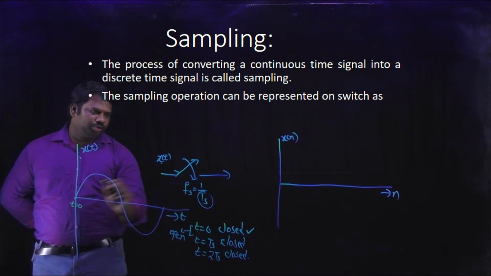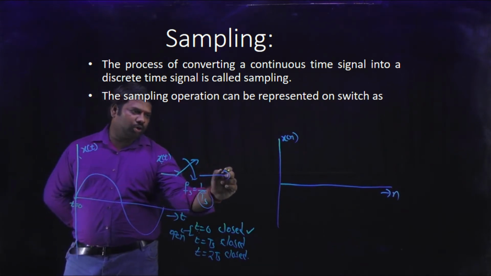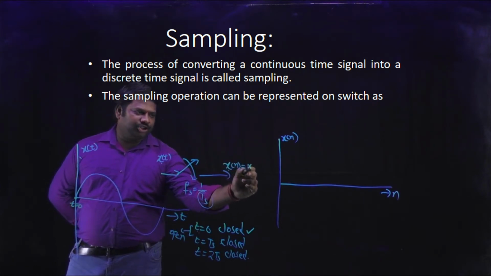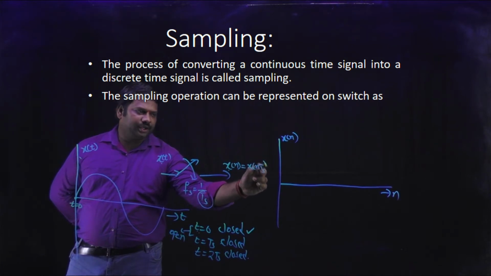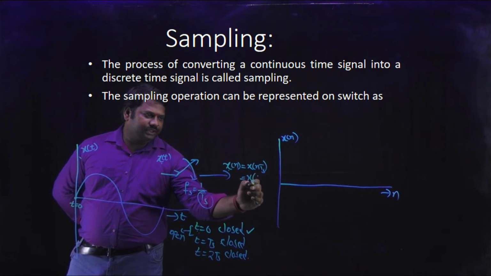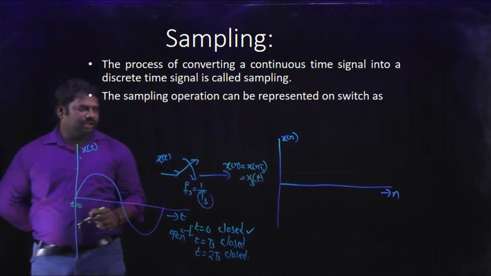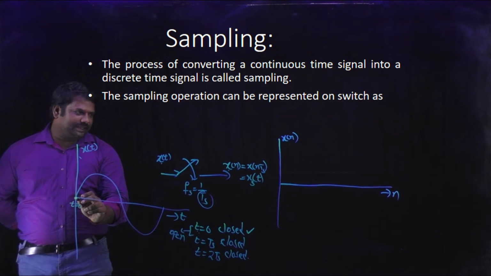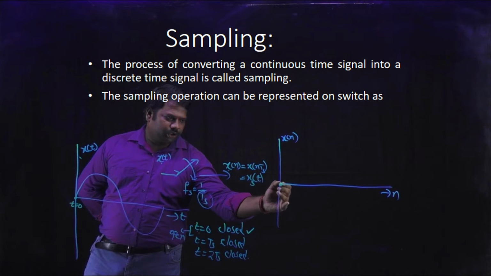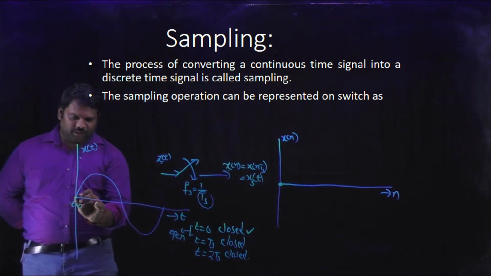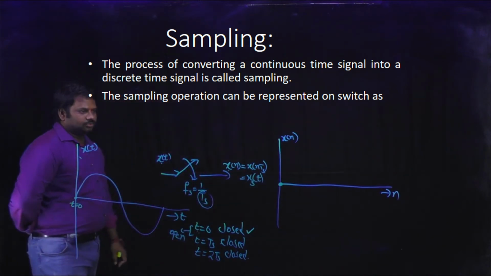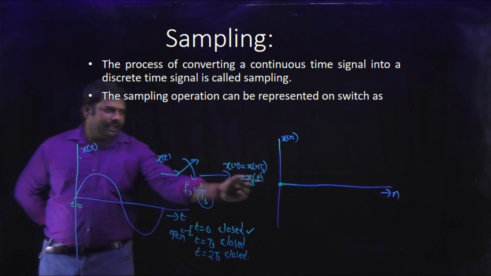This sample at t equal to 0 will be produced as our output. That means the value 0 here will be produced as the same 0 here.